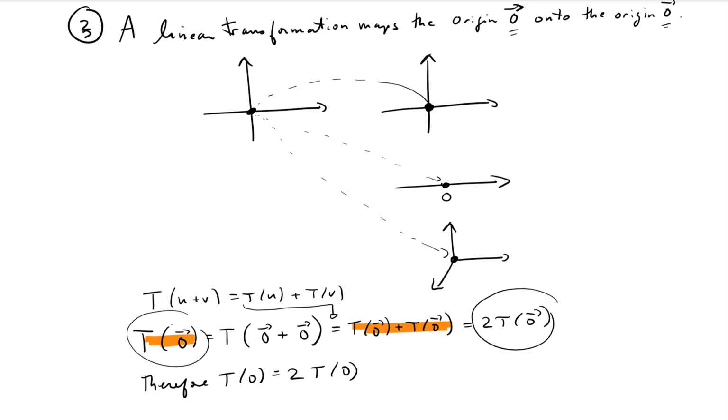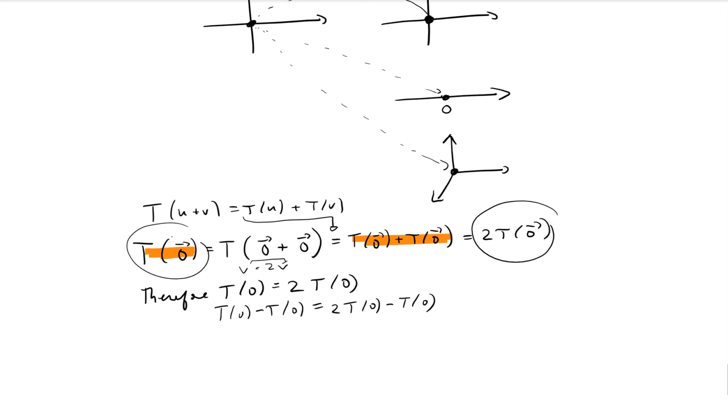It's an equality, so it's a vector. Like imagine if I have v equals 2v. Well, I can send the v to the other side, right? So subtract T of 0 on both sides. I can do that. 2T of 0, and I subtract T of 0 on both sides. This is equivalent. So this side, T of 0 minus T of 0, that's 0.